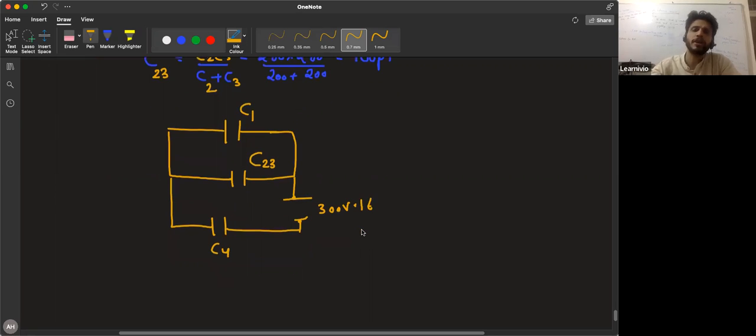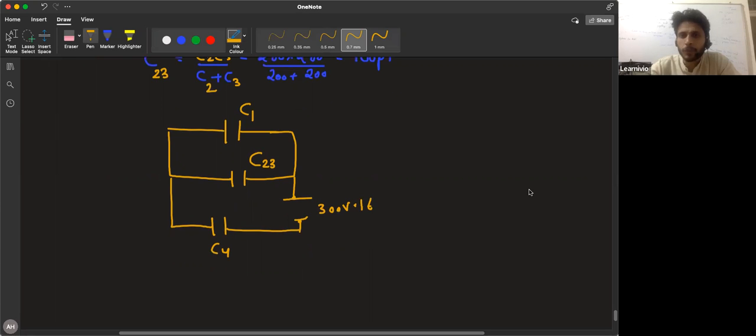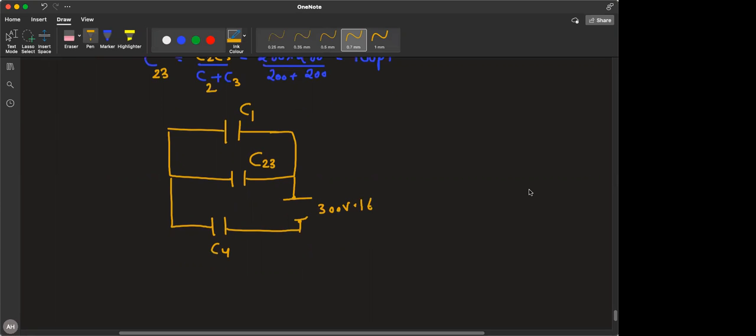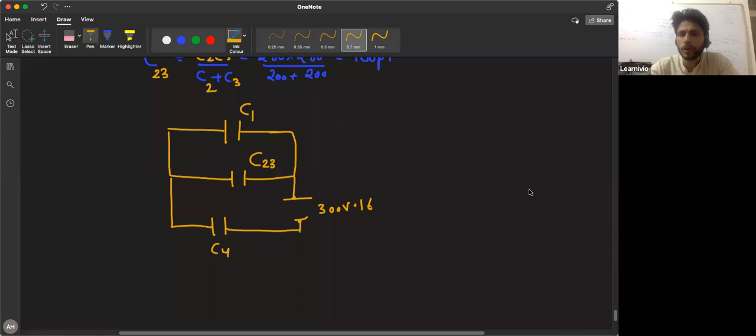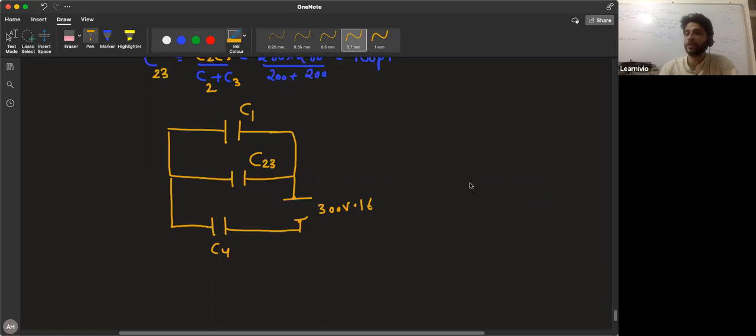Now, Minashi, can you decide which capacitors are in series or in parallel? C1, C23 and C4 are in parallel. Saifullah, is Minashi correct? Yes, sir. Muneeb? No, sir. C1 and C23 are in parallel. Yeah. See, C4 is not in parallel. For parallel combination, capacitors should be connected end to end.